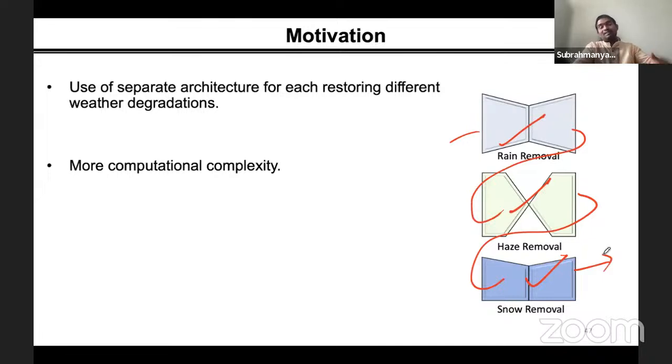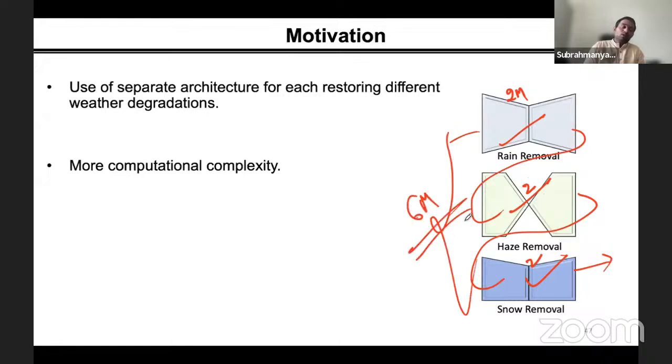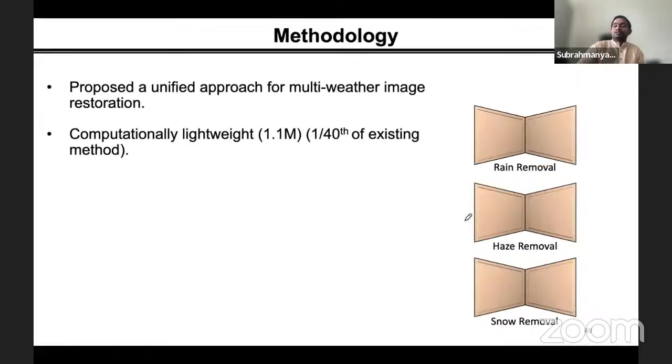At the same time complexity increases, because if one model has 2 million parameters, another has 2 million, and another 2 million, overall it will be 6 million, which is computationally very expensive for real-world applications and for deployment of these solutions. So these are all the problems associated with processing individually.